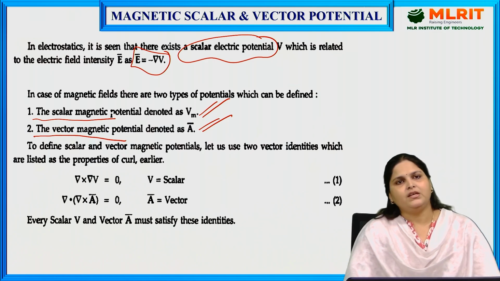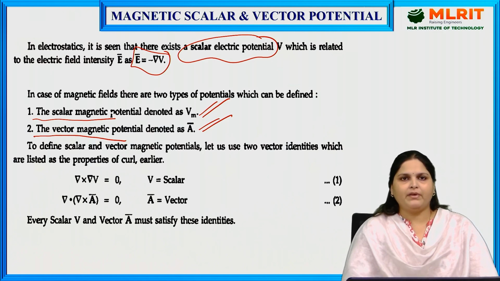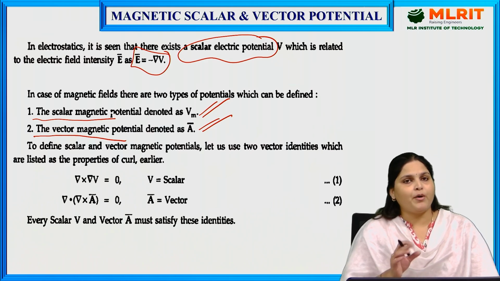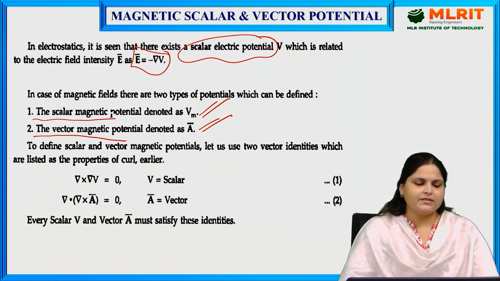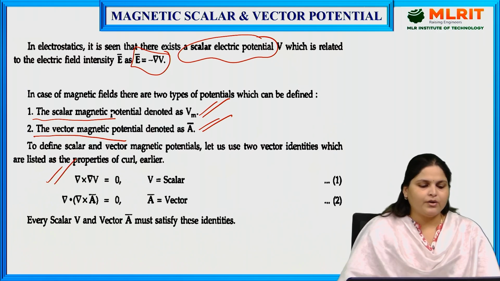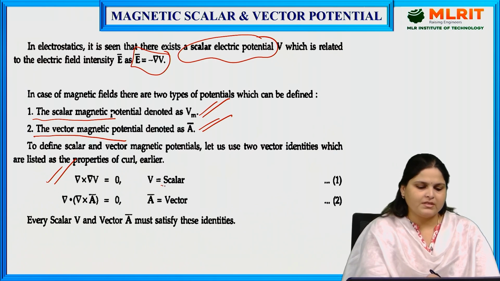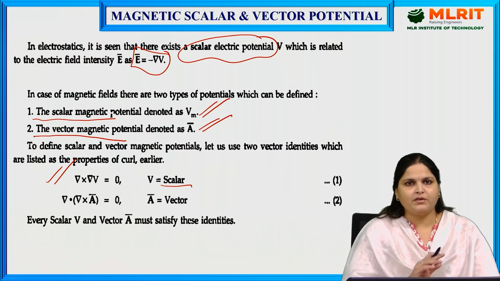To define these, we are going to use two vector identities which are listed as the properties of curl. What are those two identities? Del cross del V is equal to 0, where V is a scalar quantity. This is the first identity which we are going to use.